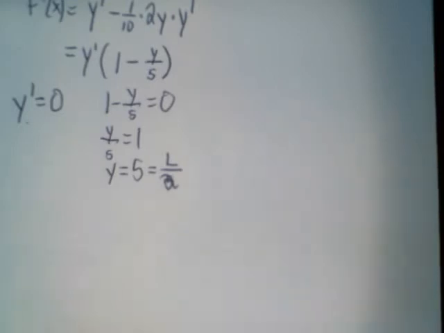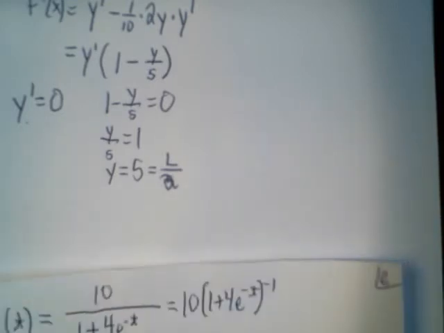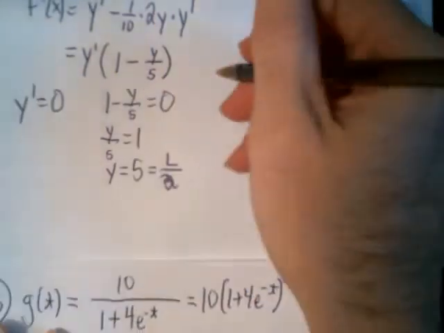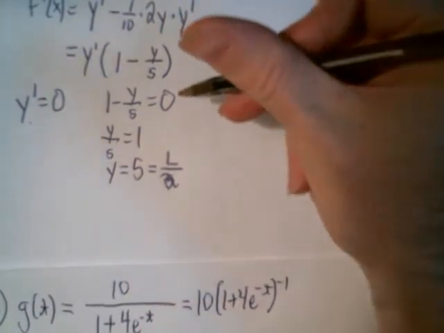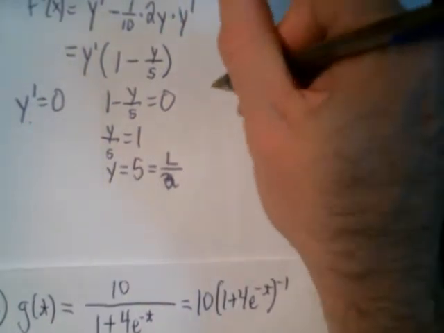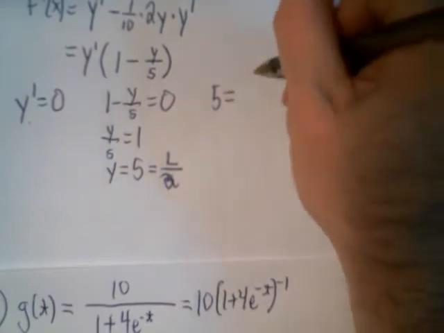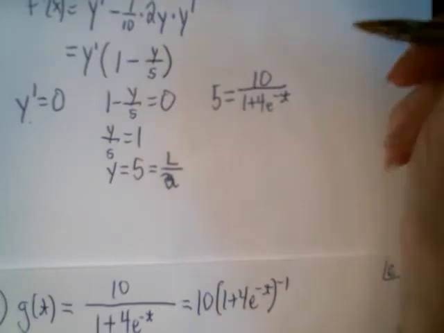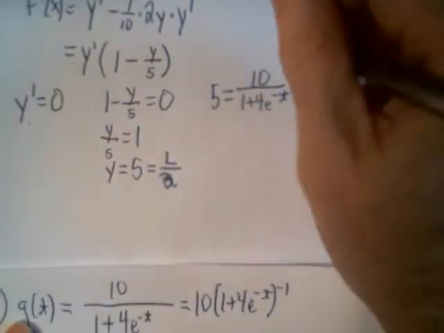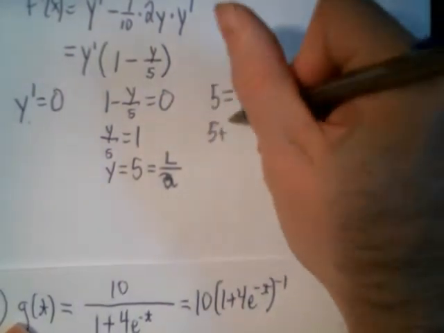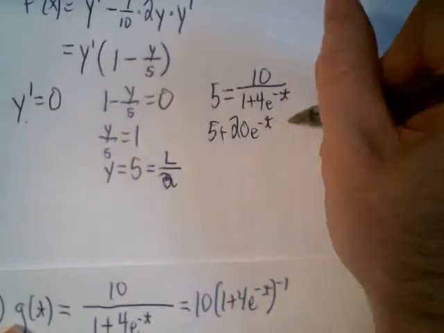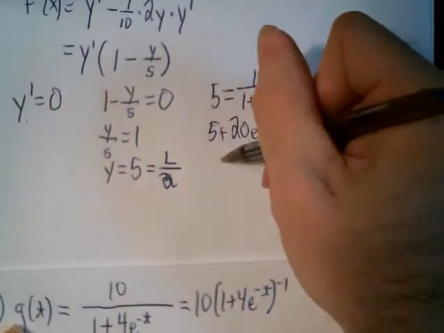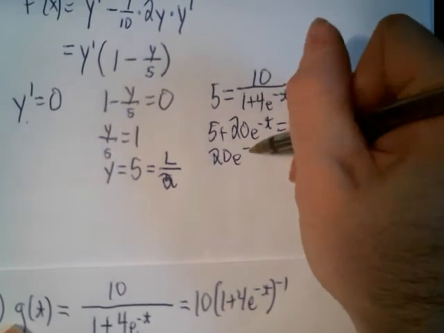Okay, so if you need to know where that is, we can get the t value. So set y equal to 5. We have 10 all over 1 plus 4e to the negative t. Multiply both sides by 1 plus 4e to the negative t. You get 5 plus 20e to the negative t equals 10. Subtract 5 from both sides.